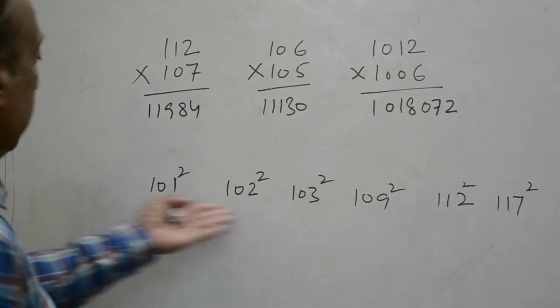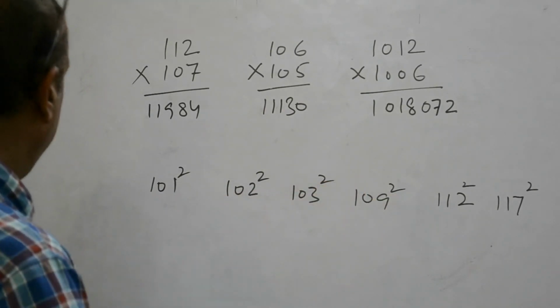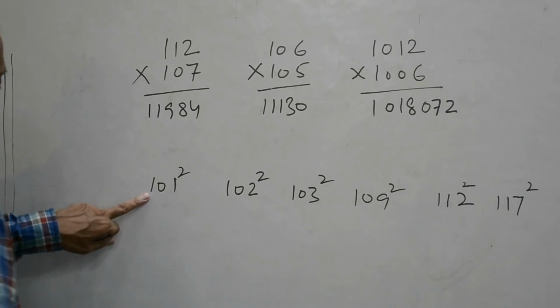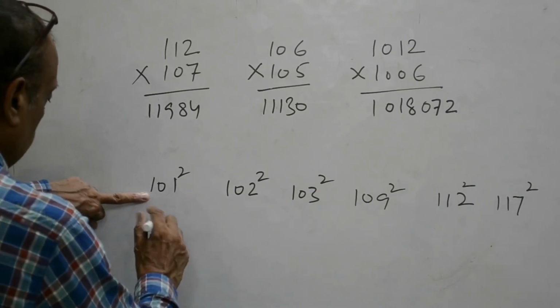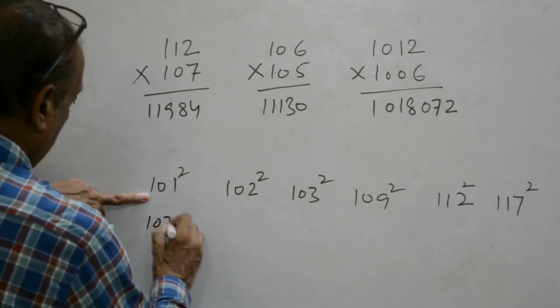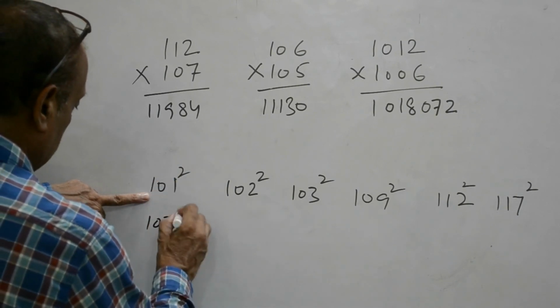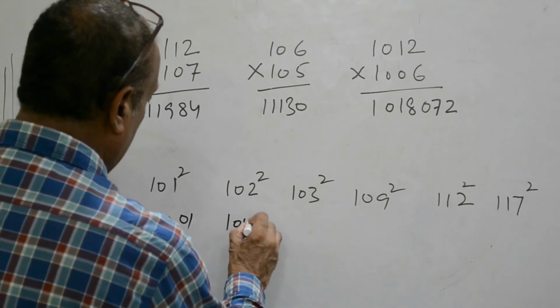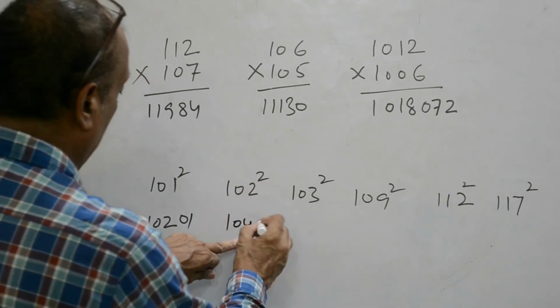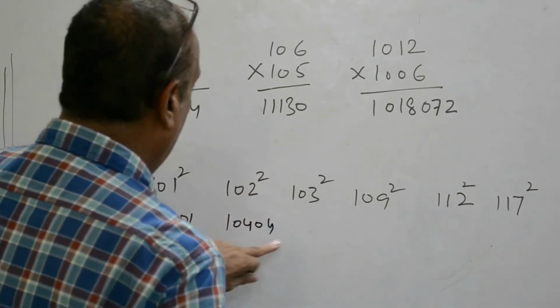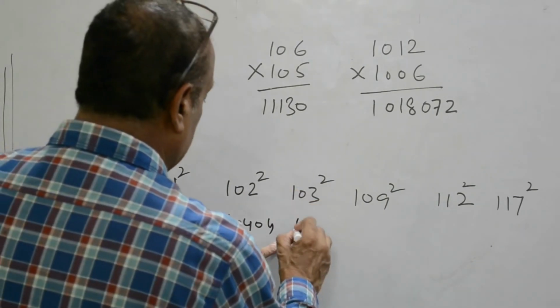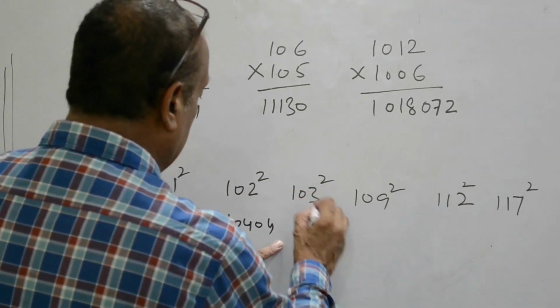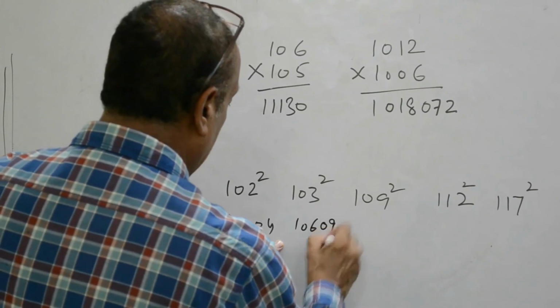Now we can take the squares of all these numbers with the mental math. In 100 add 2, 102, multiply 1 by 1, 01. In 100 add 4, multiply 2 by 2, it is 04. In 100 add 6, multiply 3 by 3, it is 09.